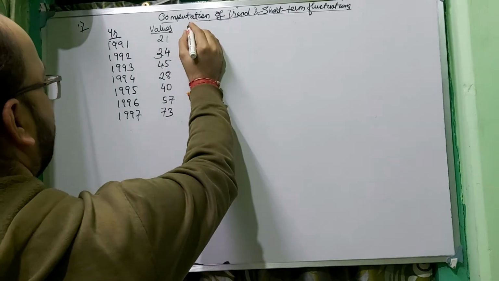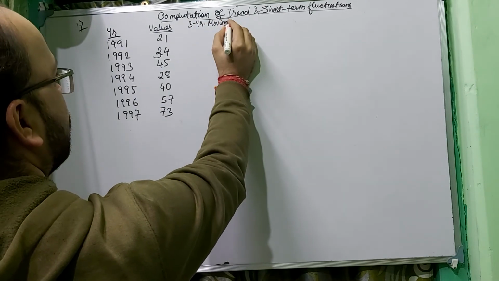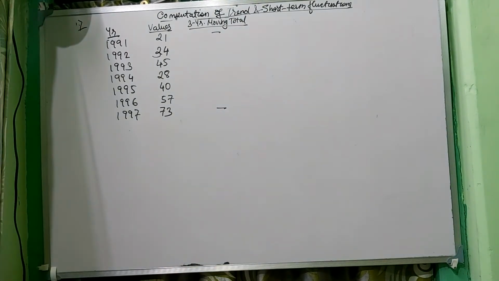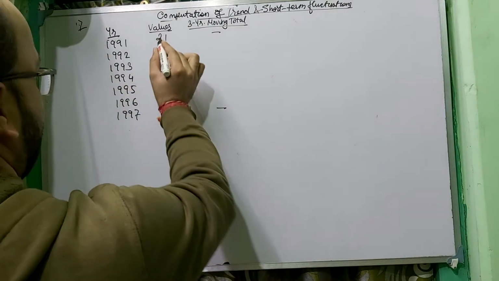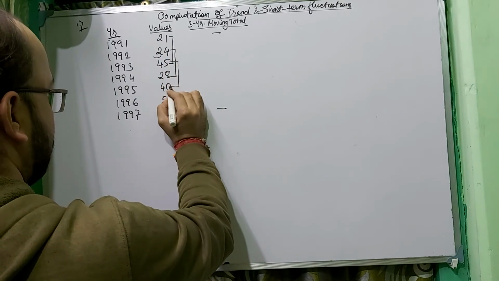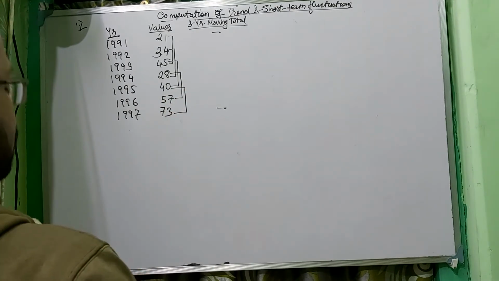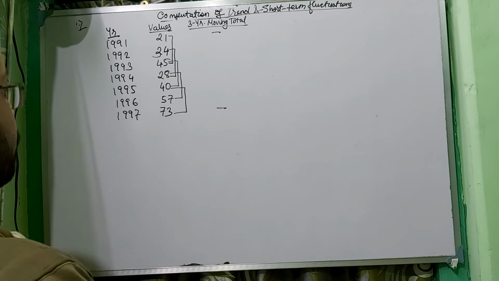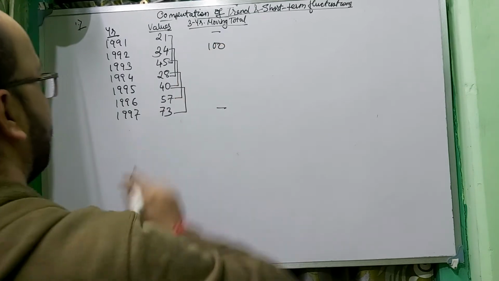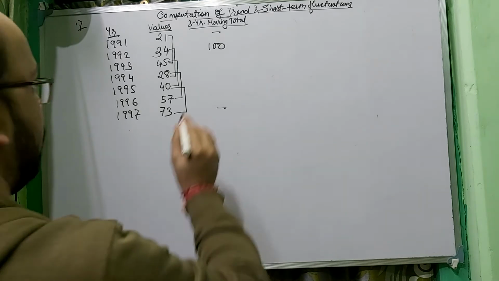If they ask you for the 3-year moving total, what you have to do? The first and the last one should not be there, and calculate these three, then these three, then these three, then these three, and finally these three. 21 plus 34 plus 45 is 100. Next, 34 plus 45 plus 28 is 107.